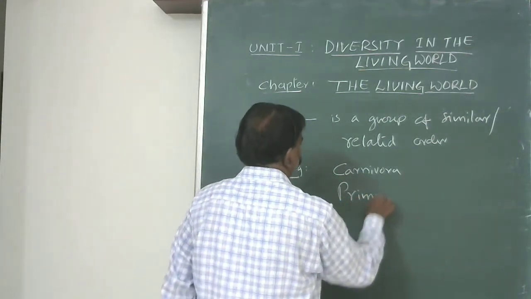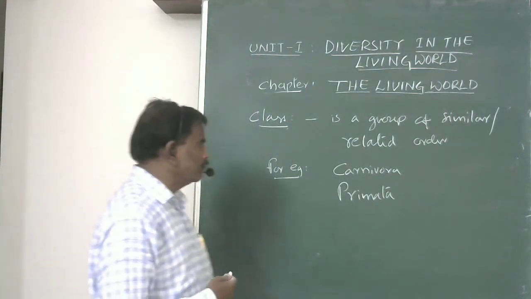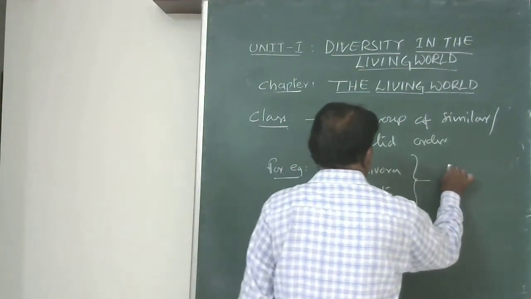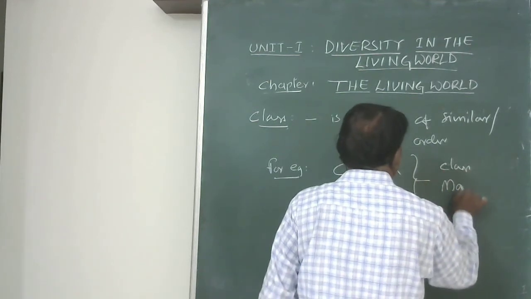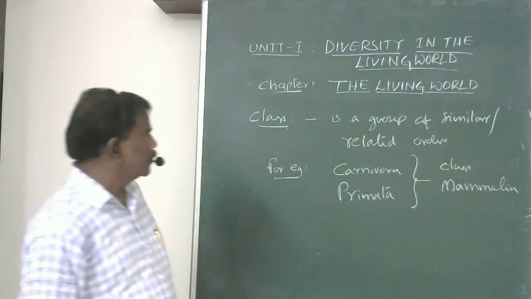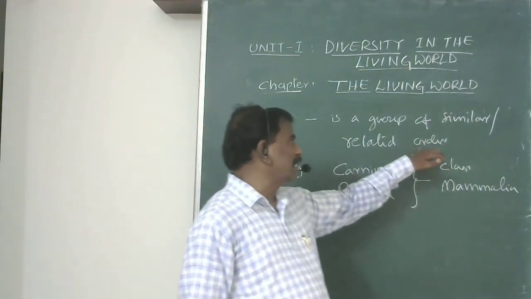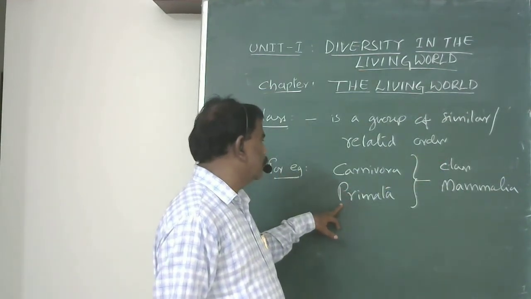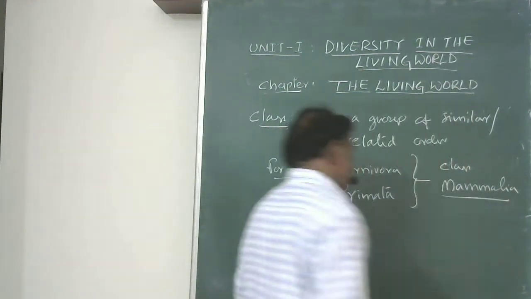The order Primata consists of monkeys and humans. All are kept in the class Mammalia. So, a class is a group of similar or related orders. Order Carnivora and order Primata are included in the class Mammalia.